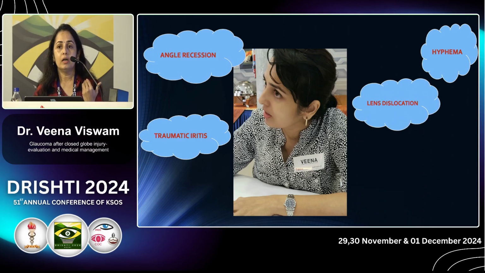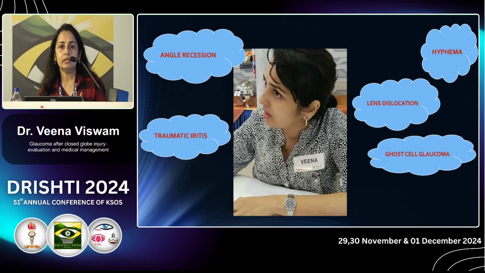Then lens dislocation, though not as common as the other causes, is also an important factor to keep in mind. In patients who have had vitreous hemorrhage, there is a chance of ghost cell glaucoma. Other causes like phacolytic glaucoma should also be kept in mind. I'll be dealing only with the important causes which we usually see in the OPD.